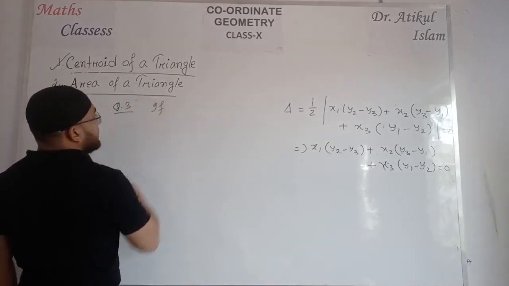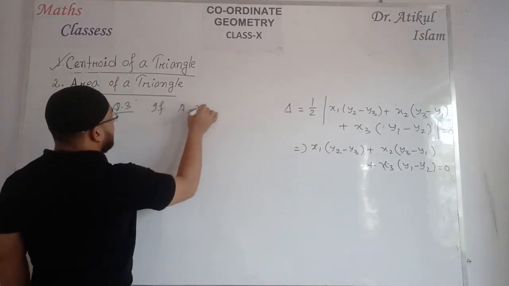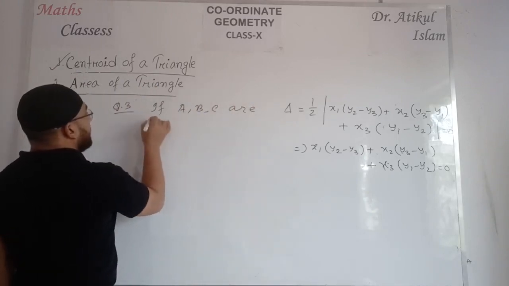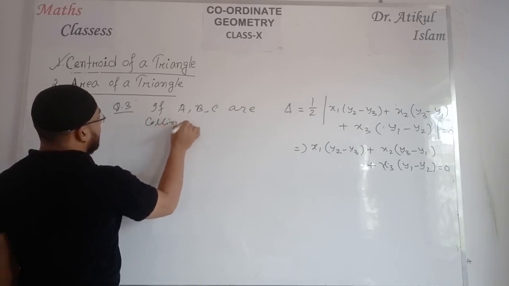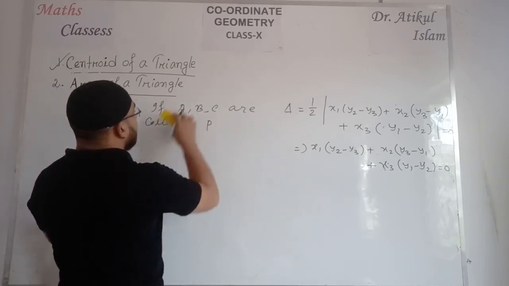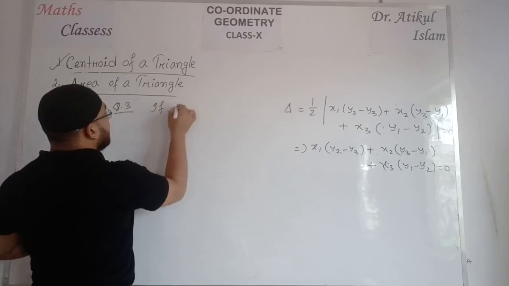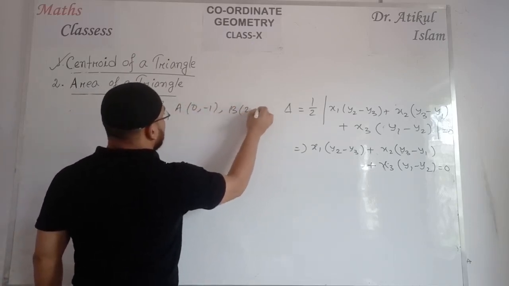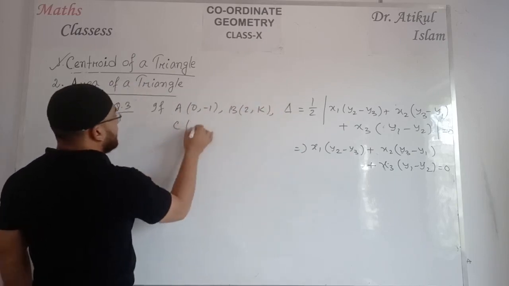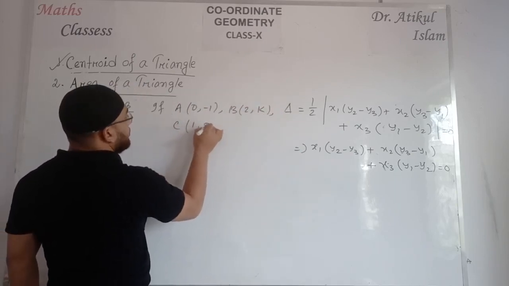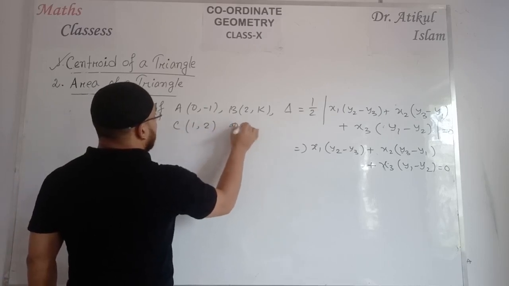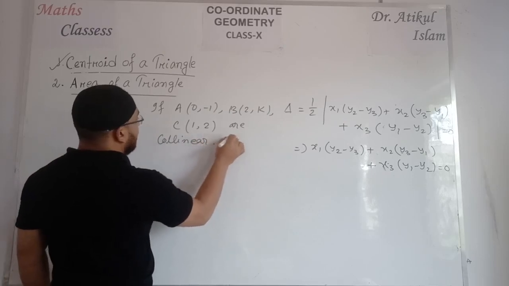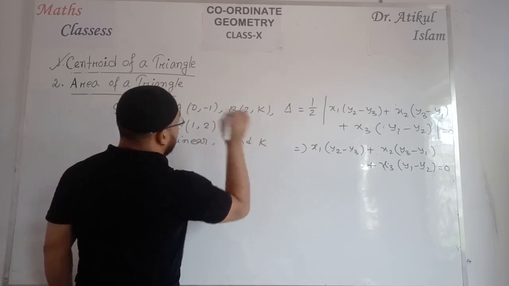Take this question: if A, B, C are collinear. First write here the points. If A is (0, minus 1), B (2, k), C (1, 2) are collinear, find k.